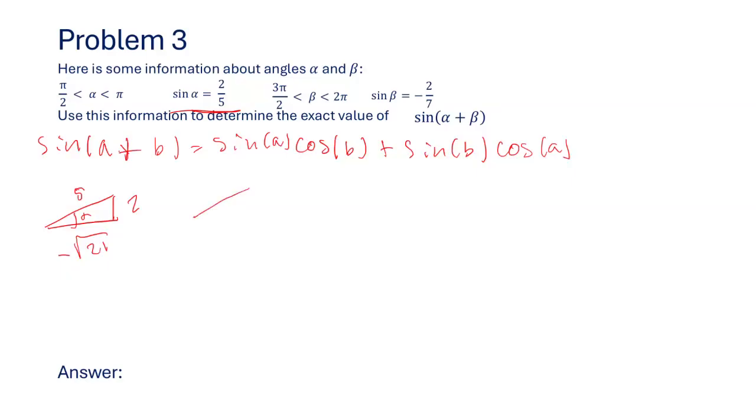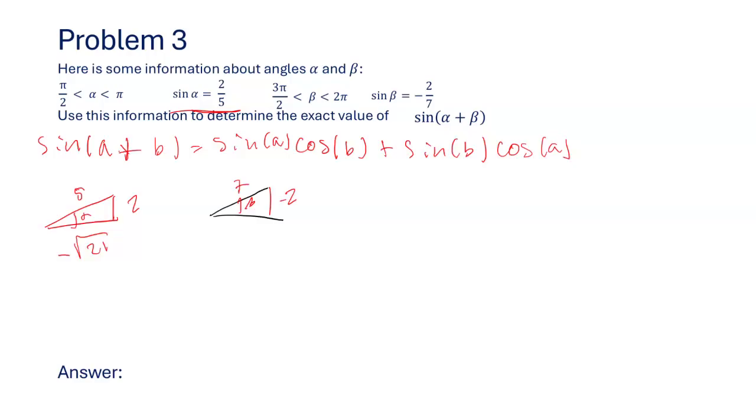And then we'll have to draw our second triangle here, the second triangle of beta. And we know that this is negative 2 over 7, just like we did.